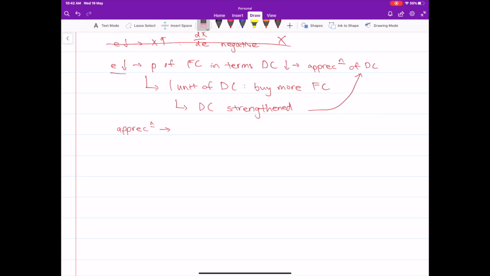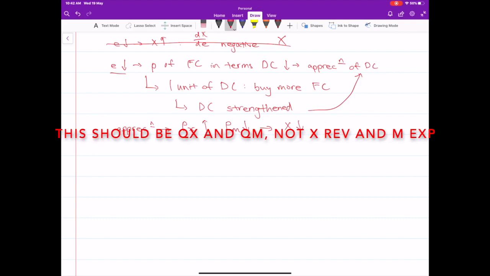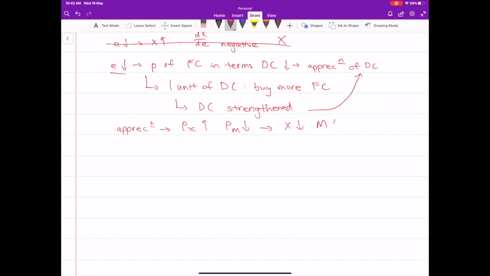This leads to the price of exports increasing and the price of imports falling, leading to export revenue falling and import expenditure increasing. So now we see that when E falls, X falls, which is the same directional change.